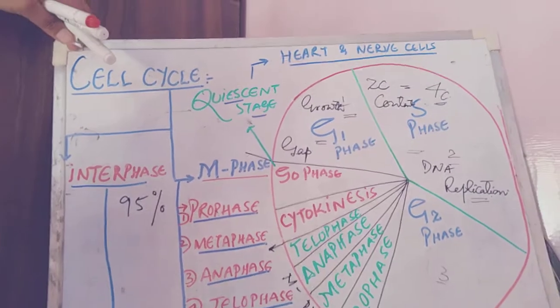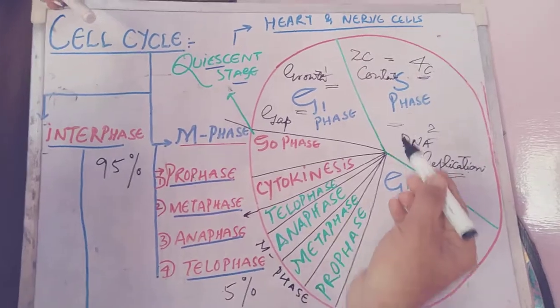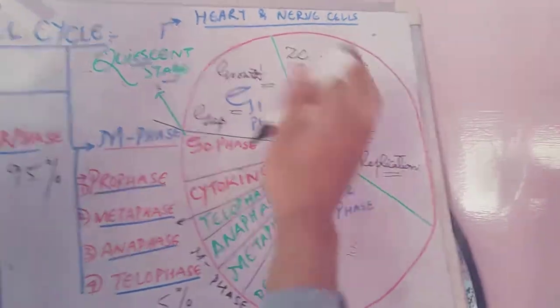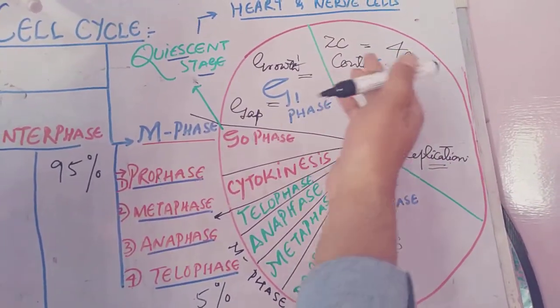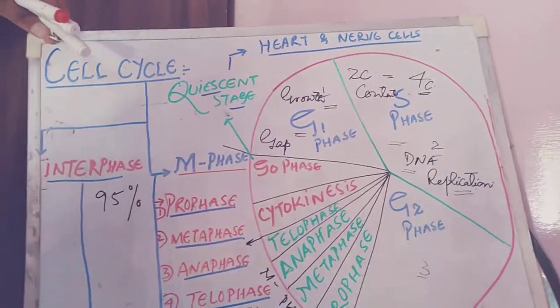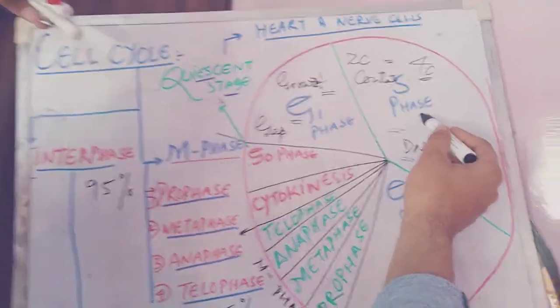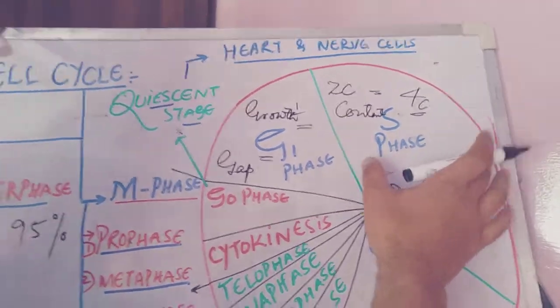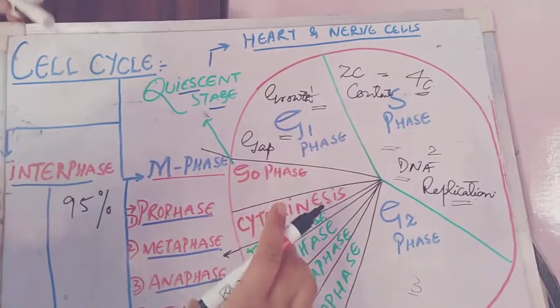In case of these animal cells, also centrioles are present and centrioles duplicate during this phase. Besides DNA replication, centriole duplication also occurs in S phase, but only in case of animal cells, as plant cells lack centrioles. But you have to remember a very important point, that is the number of chromosomes doesn't double, as the chromosomes are not seen in case of S phase, the chromosomes are seen only in what we call as M phase.